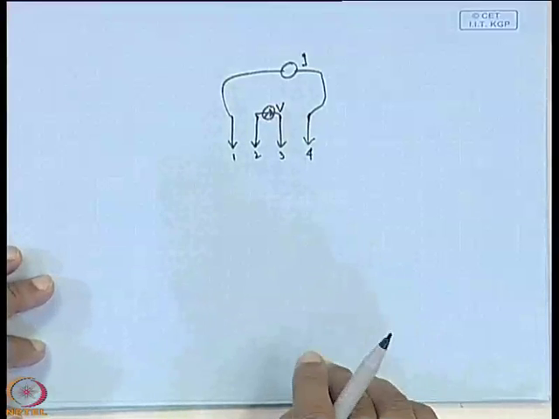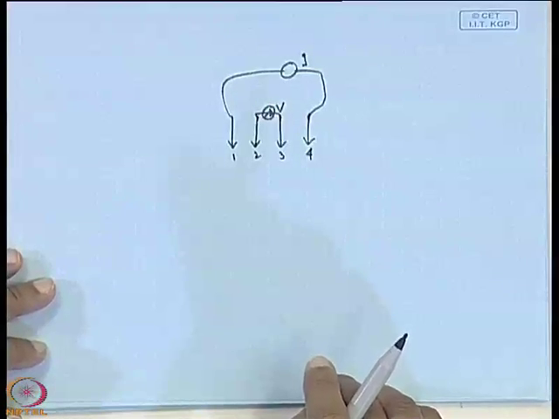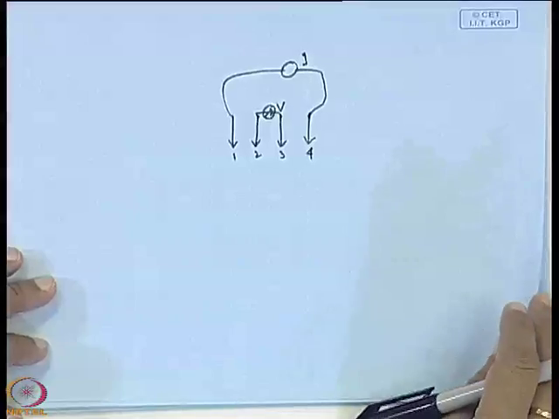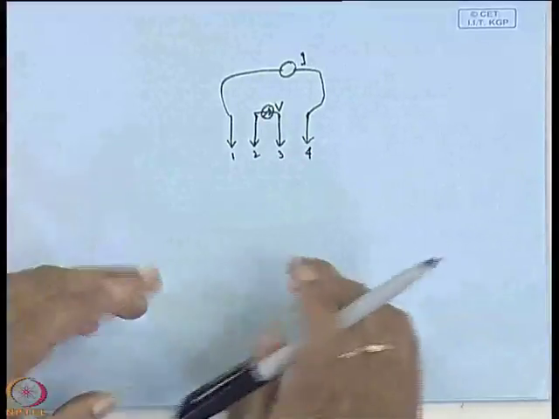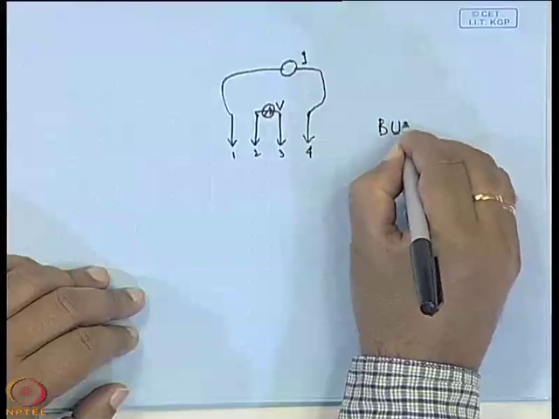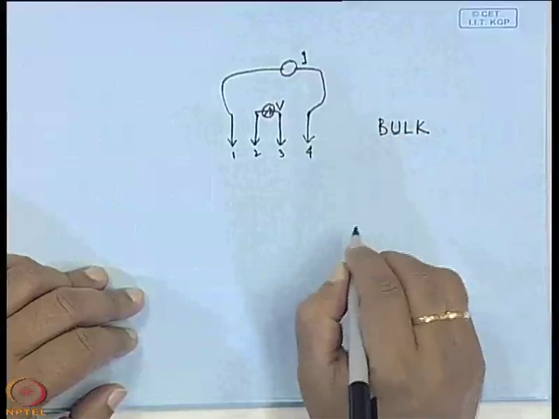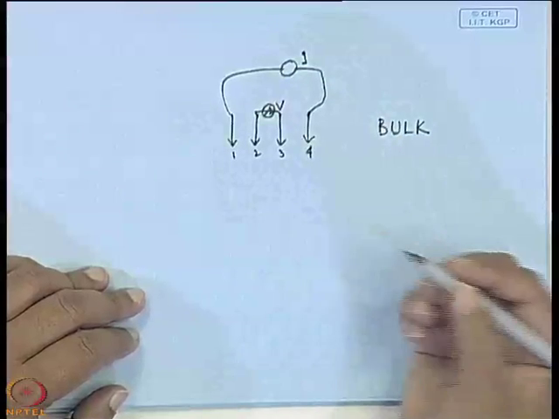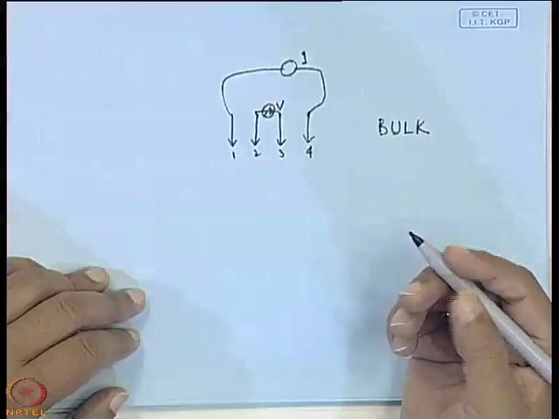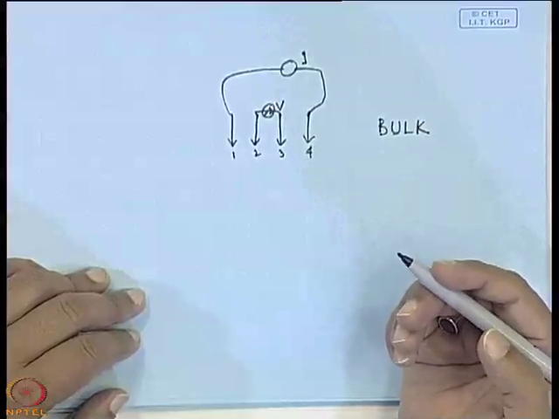Under such a situation, we can calculate what will happen. There may be two cases, one may be the bulk case. Another is the epitaxial layers, because in semiconducting or electronic materials these two cases are possible. One is the bulk, another is the very thin grown layer which is known as the epitaxial layer.